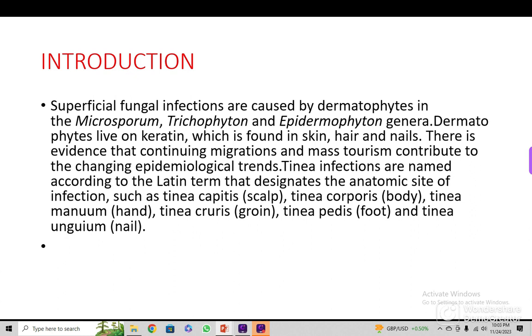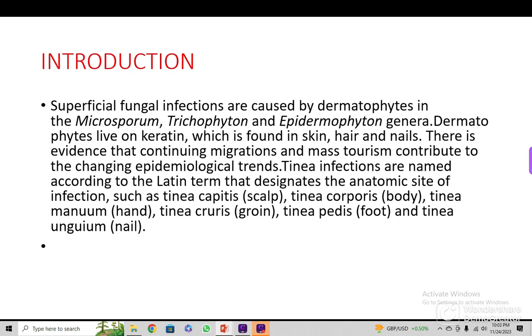There is evidence that continuing migrations and mass tourism contribute to changing epidemiological trends. That is why they are changing, an evolutionary cycle going on, so they are very difficult to treat.